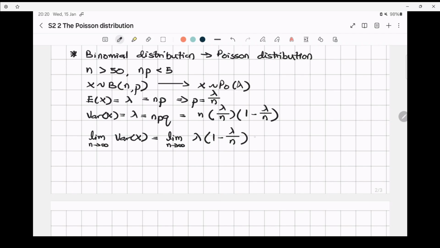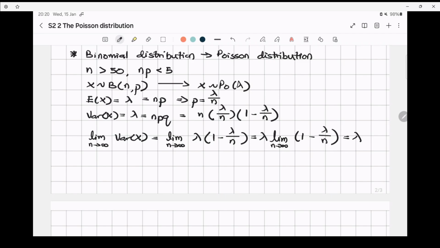So you can factor out the lambda, and then just leave with 1 minus lambda divided by n. So as n goes to infinity, the limit will approach 1, and this will be approximately equal to lambda.